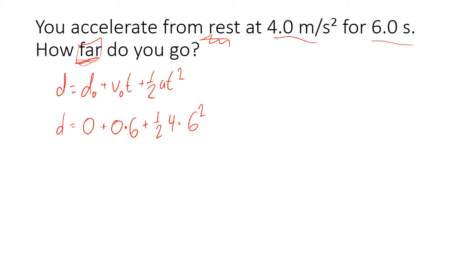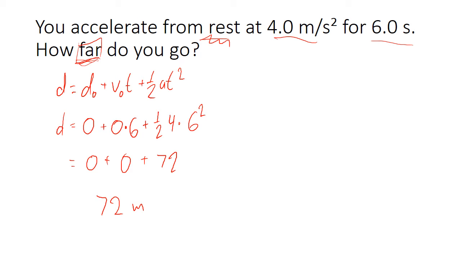All right, I'm doing some quick maths here. We got 0 plus 0 plus 1/2 times 4 is 2. 6 squared is 36. So that's going to be 72. So 0 plus 0 plus 72 is 72 meters. And that's how far we'd go by accelerating. Ta-da!